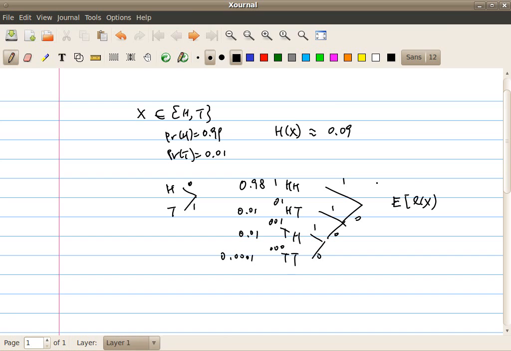let's say I give an index 2 here, just to remind ourselves that we are coding two samples at a time, and that is approximately equal to 1, as we can see. So it's 1 times 0.98, plus 0.01 times 2, that's 0.02, and plus 0.01 times 3, there's another 0.03.